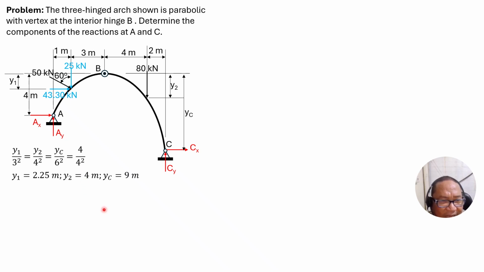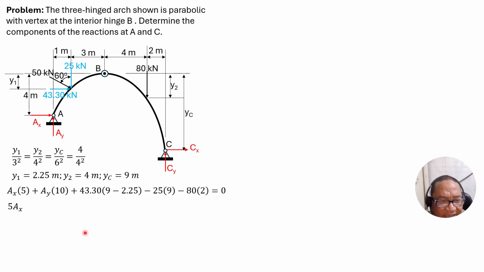So we can now set up the first static equation, summation of moments about C equals 0, clockwise positive. So Ax times 5, where 5 is 9 minus 4, plus Ay times 10, 4 plus 6 is 10, plus 43.3 times quantity 9 minus y1, 9 minus 2.25, then minus 25 times 3 plus 6, 9, minus 80 times 2 equals 0.